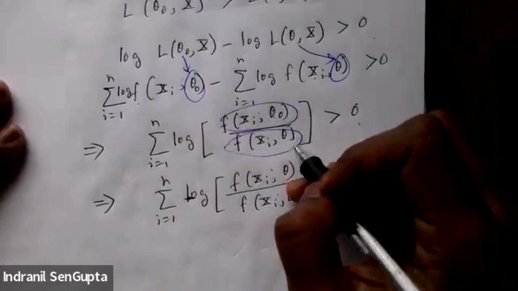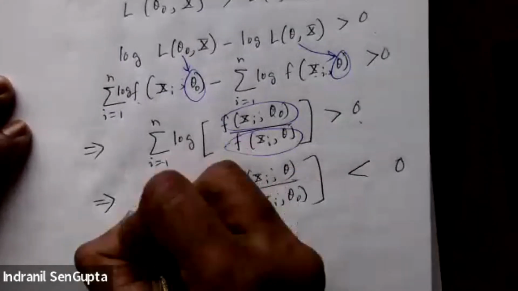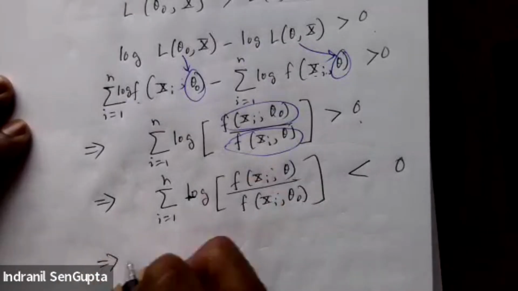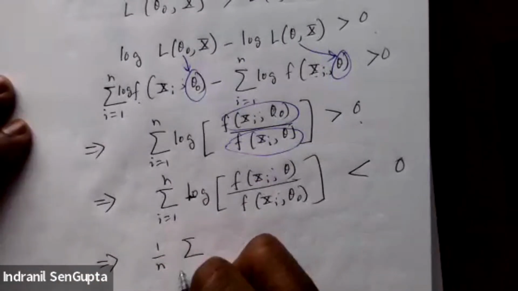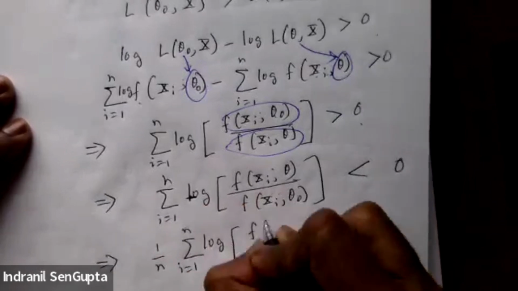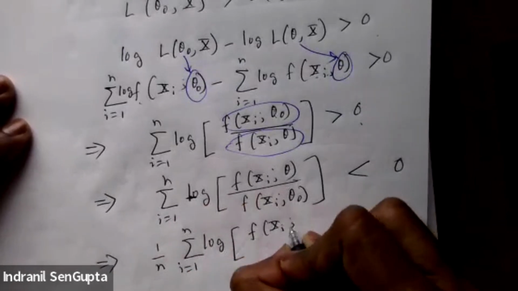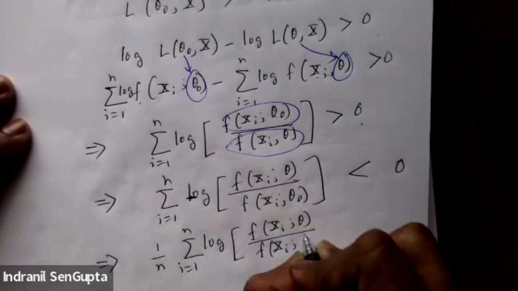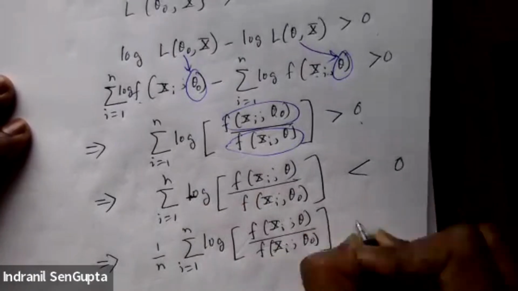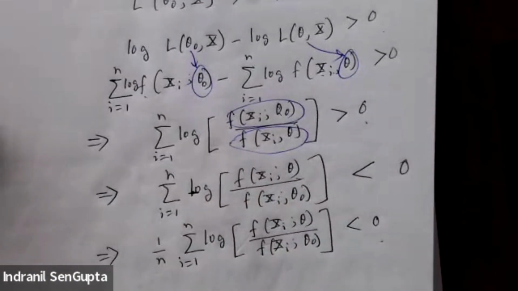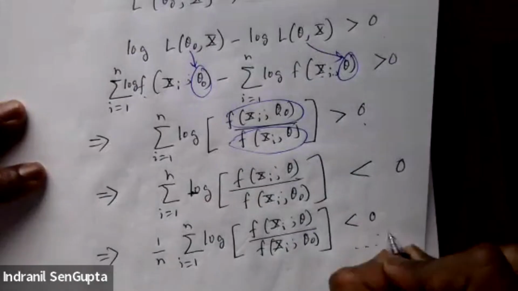By flipping the two fractions. Now this is true for every such term, so if I multiply by a positive number, namely 1 over n, nothing changes. So we have 1 over n times the summation of log of f of xi theta over f of xi theta 0 less than 0. Good. Let's keep this in mind.